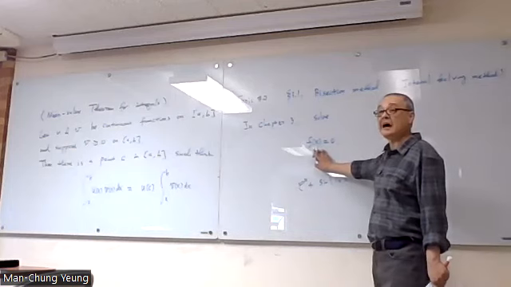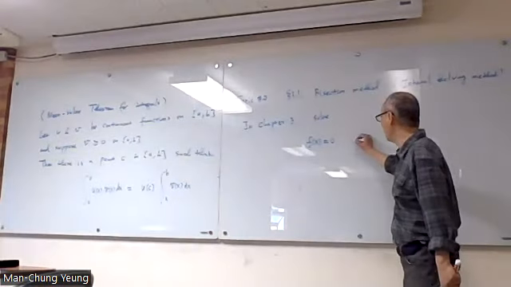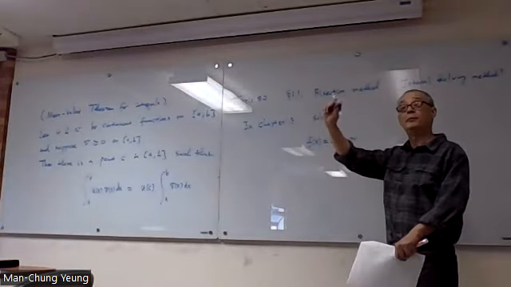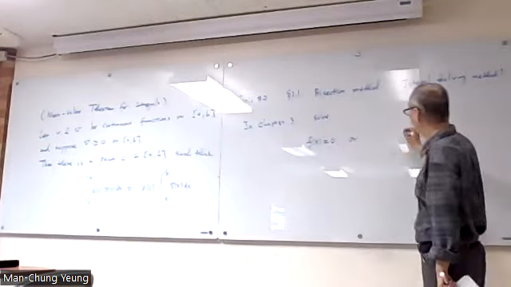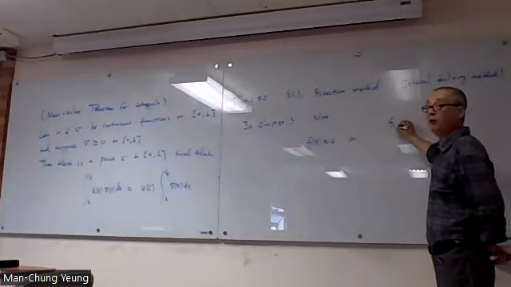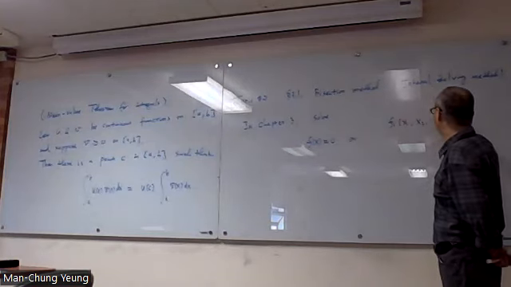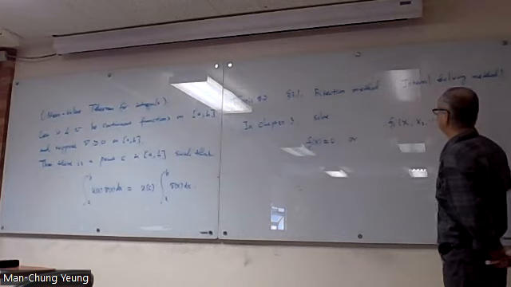So this is a single equation. And also we consider the solution of a system of equations. F1 general, with unknowns x1, x2, up to xn, equal to 0.